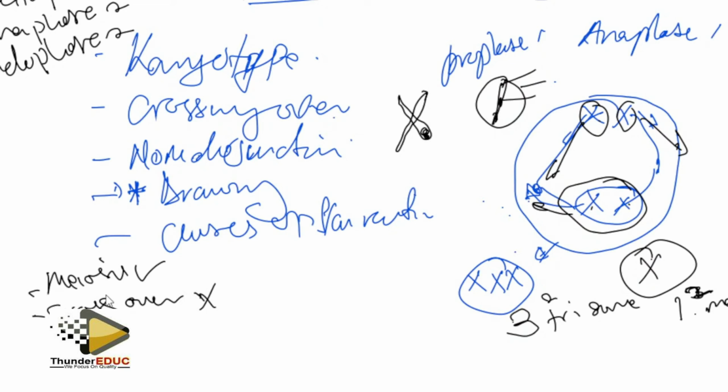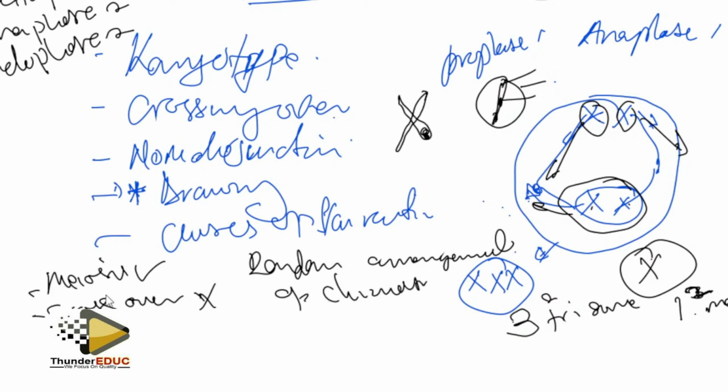Then it's going to say random arrangement of chromosomes during metaphase. We're going to say yes, but no. Why are we crossing it when it's correct?